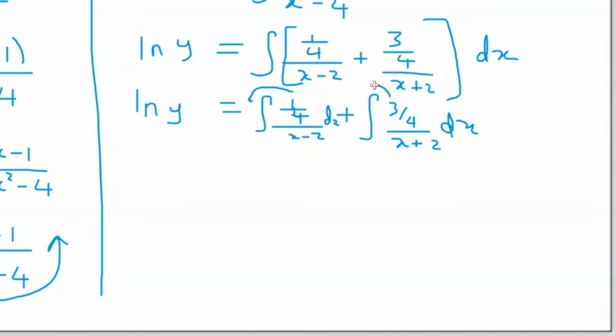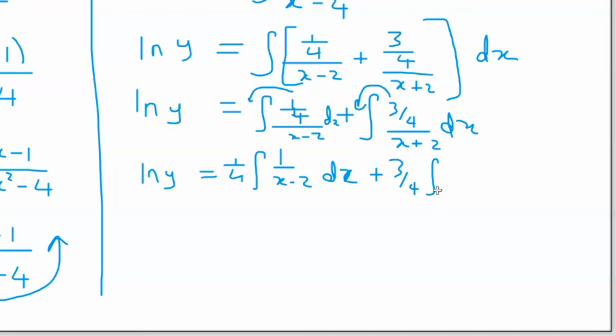So the fractions can go in front of the integral sign. So I'll have ln y is equal to a quarter integral of 1 over x minus 2 dx plus 3 over 4, and then I'll have the integral of 1 over x plus 2 dx.